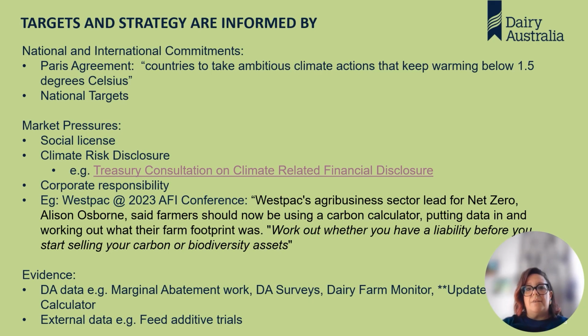So there are international agreements, including the Paris Agreement, which is around reducing emissions to keep warming below 1.5 degrees Celsius. Now that might not sound like much, but a small change in the average global temperature does lead to a big change in weather extremes, which, as we all know, can be really impactful for agriculture and for farming.